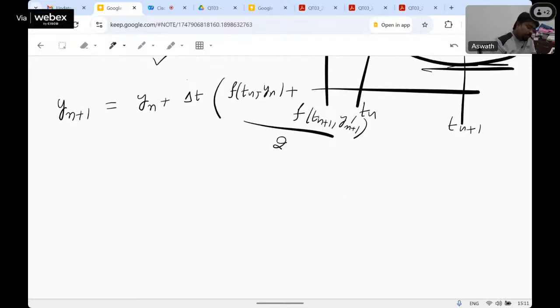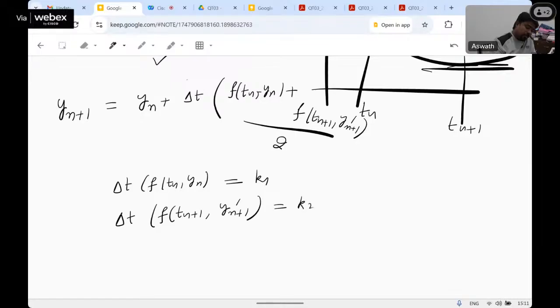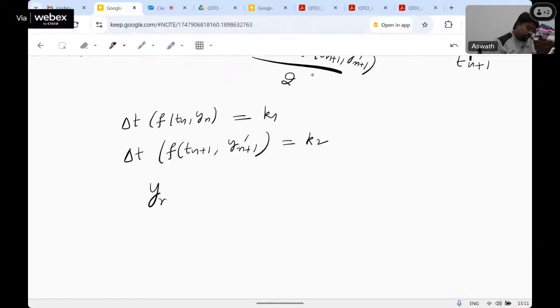They called delta t into f of t n comma y n as k1, and delta t into f of t n plus 1 comma y n plus 1 prime as k2. So y n plus 1 is equal to y n plus k1 plus k2 divided by 2, which is actually the average of the slopes.